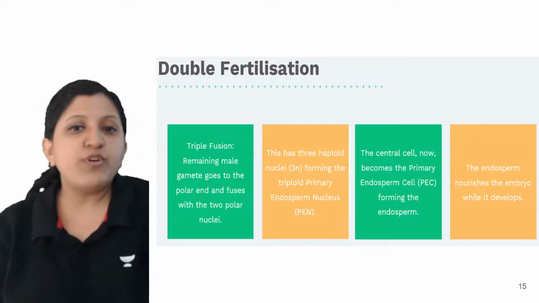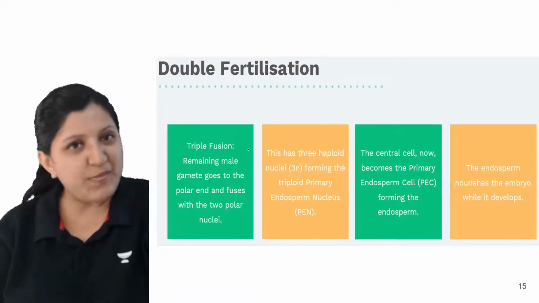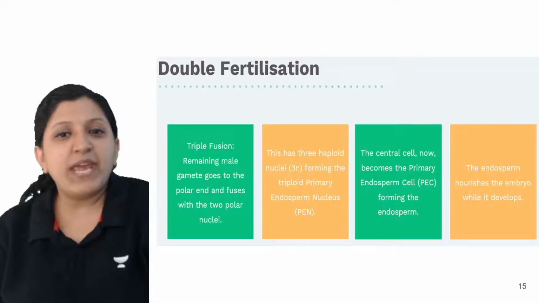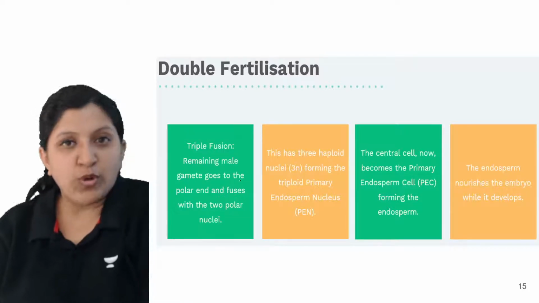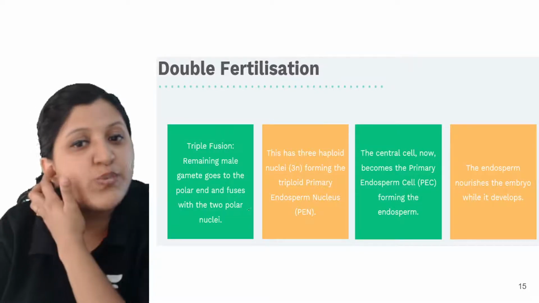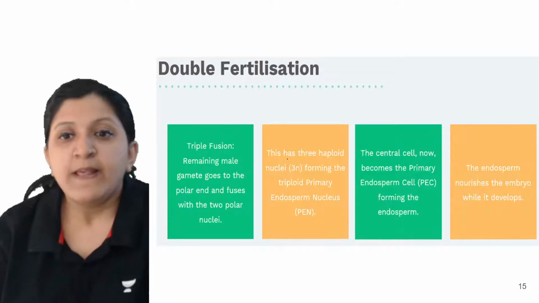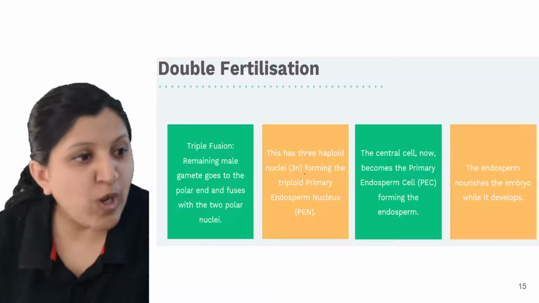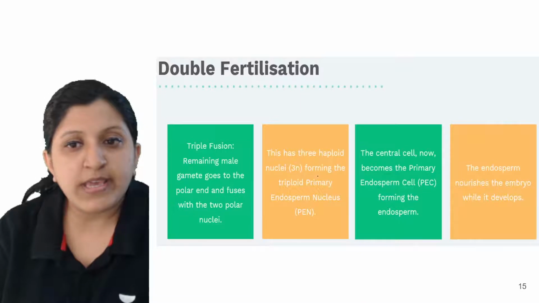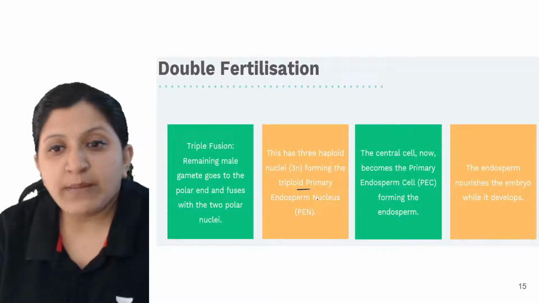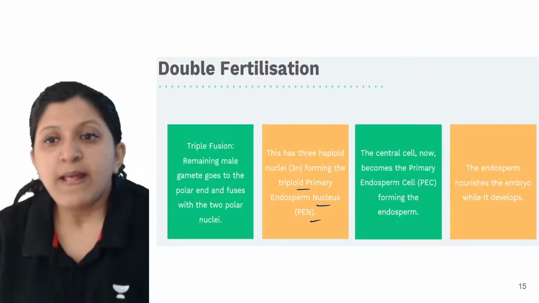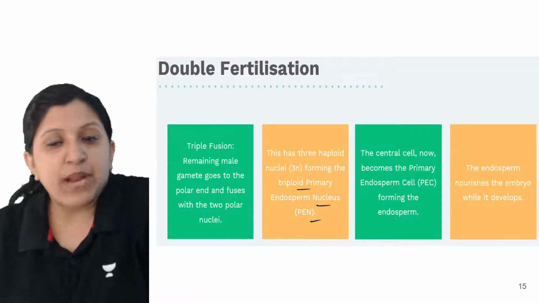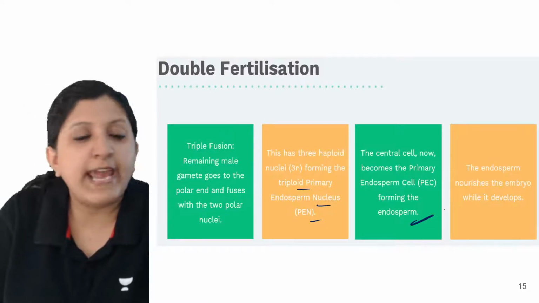Okay, so triple fusion remains. There is one more male gamete present. The remaining male gamete goes to the polar end and fuses with the two polar nuclei. So this has three haploid nuclei, that is 3n, forming the triploid primary endosperm nucleus. The central cell now becomes the primary endosperm cell, forming the endosperm.